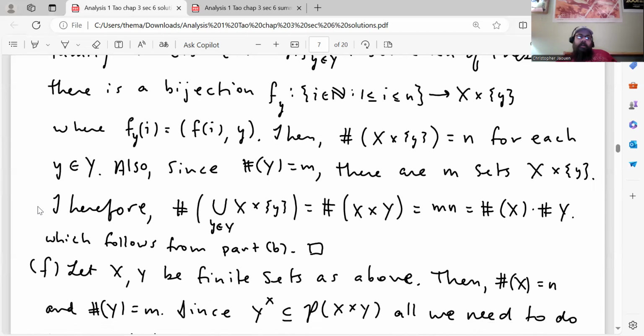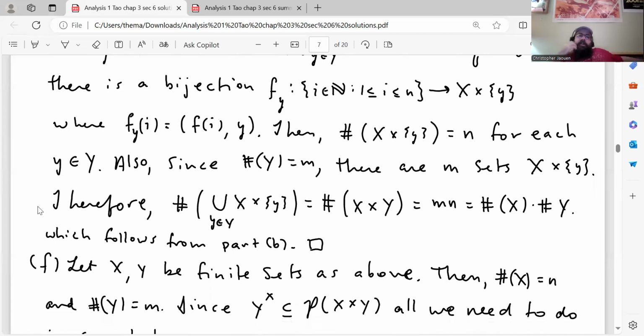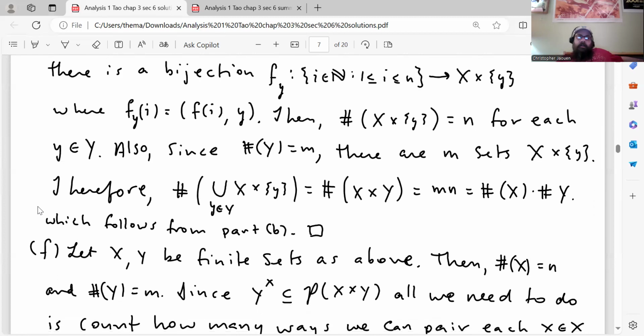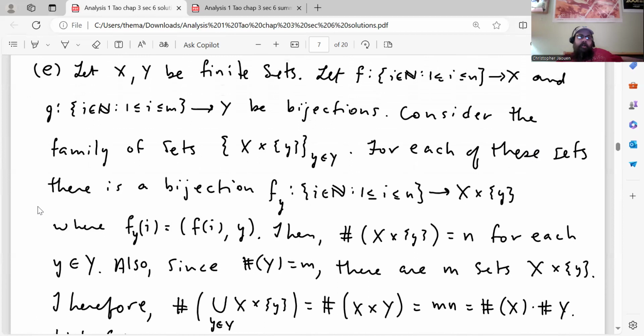Therefore, the cardinality of the union of X times the singleton set containing y, where y varies over all the elements of Y, is equal to the cardinality of X times Y, which is equal to m times n, which is the cardinality of X times the cardinality of Y, which follows from part B. All right, so that's part E.